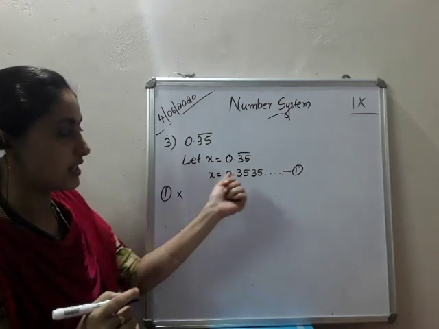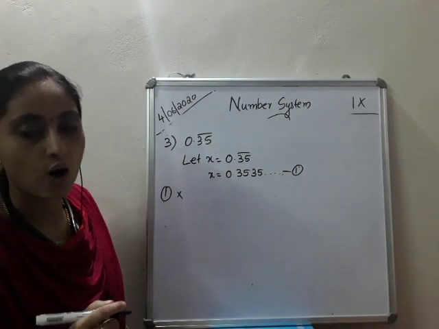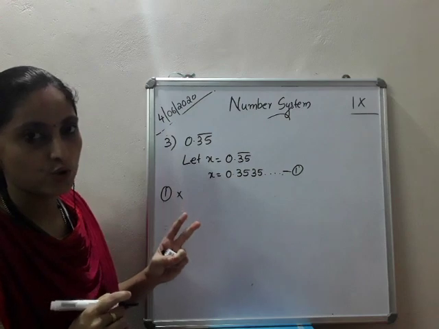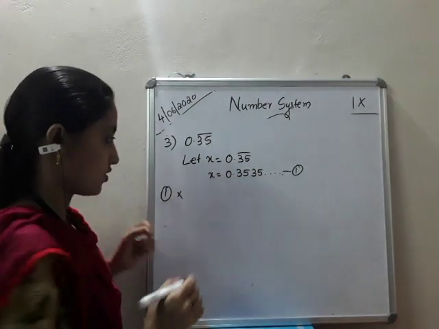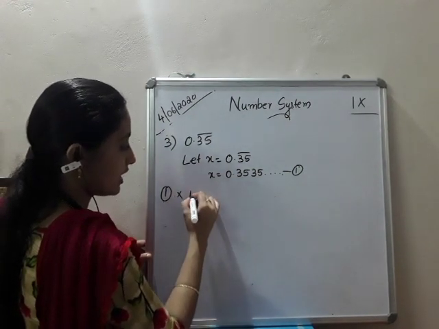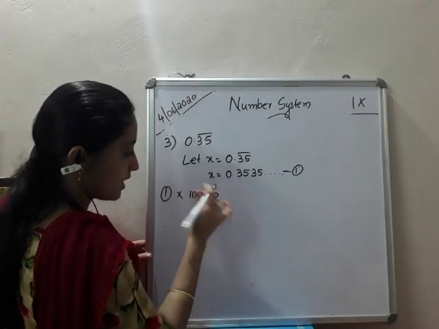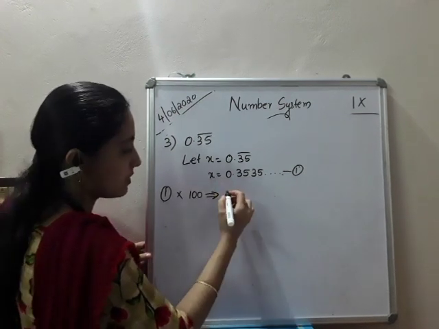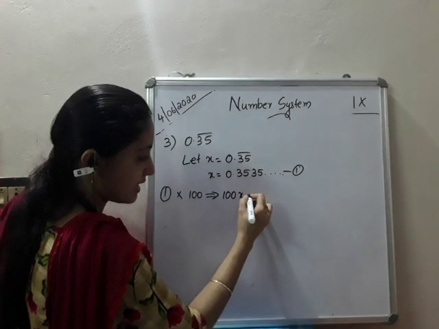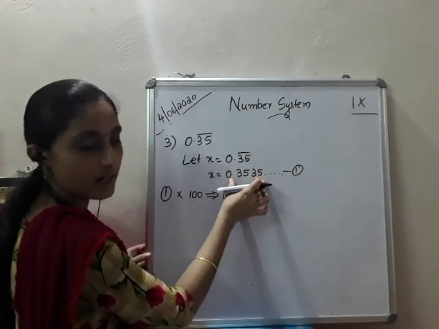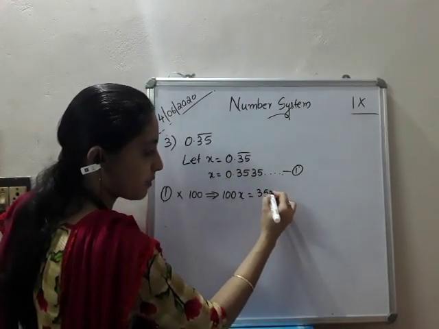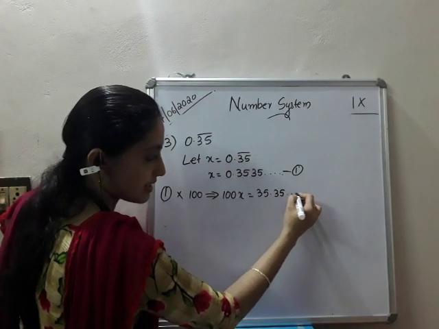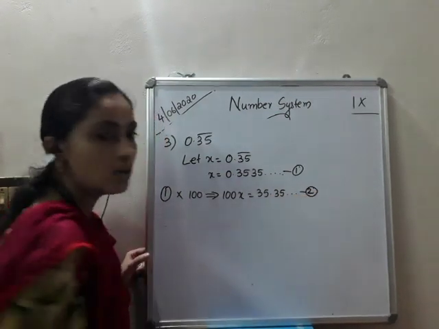Why? Yes, 3, 5 are repeating. So how many digits are repeating? 2. So you have to multiply that by 100. That is equation number 1 into 100 gives 100 into x will be equal to 100x is equal to this into 100 gives 35.35 etc. Mark as equation number 2.